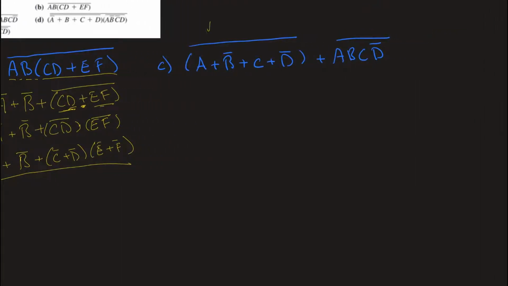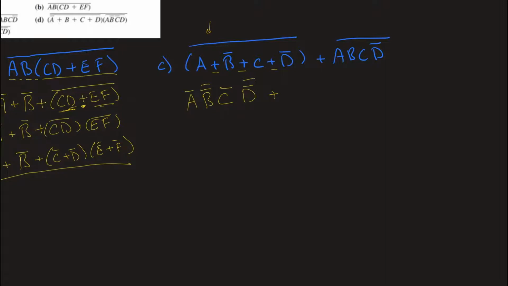I see this first overbar over A naught, this OR becomes an AND. B naught, this OR becomes an AND. C naught, this OR becomes an AND, and D naught naught. So that's what we have for the left side.